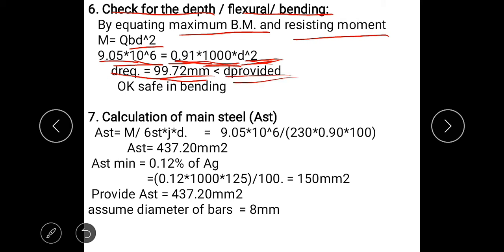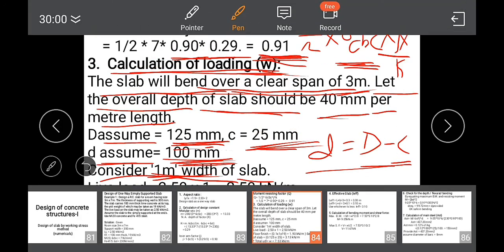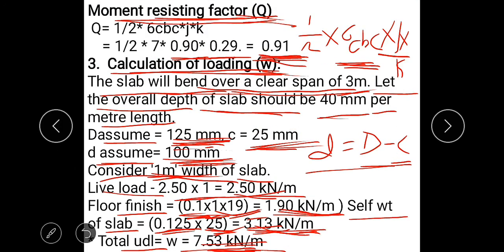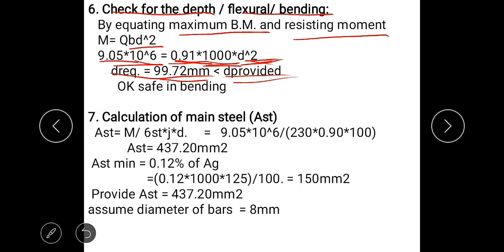We assume the provided overall depth D as 125. So d provided is greater than 99.72, so it is okay. The depth is safe in bending.